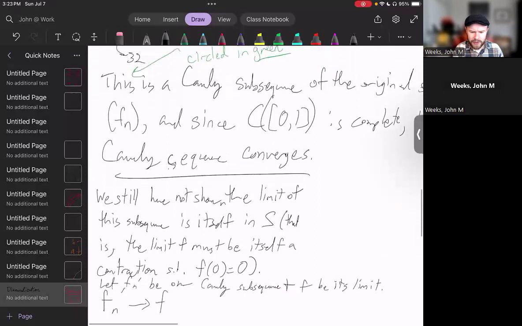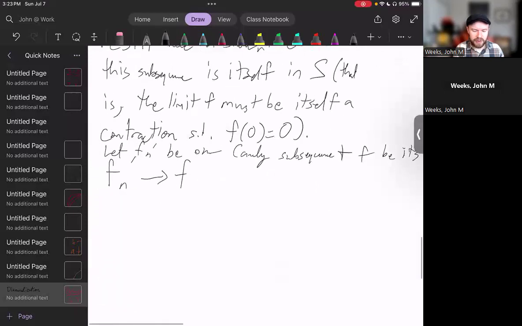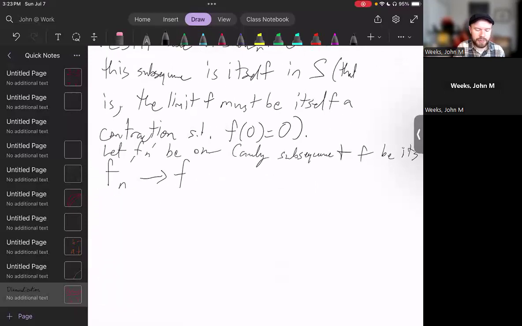Is it a contraction? In fact, there's another theorem that tells us that we can now go through and take derivatives of the functions f sub n and get a convergence in the form of its derivative. So if you take the derivatives of these functions f sub n prime, which I have mistakenly called this subsequence, I should have called it something else.